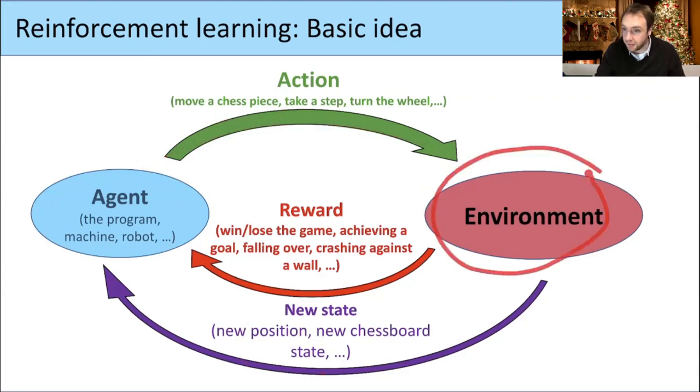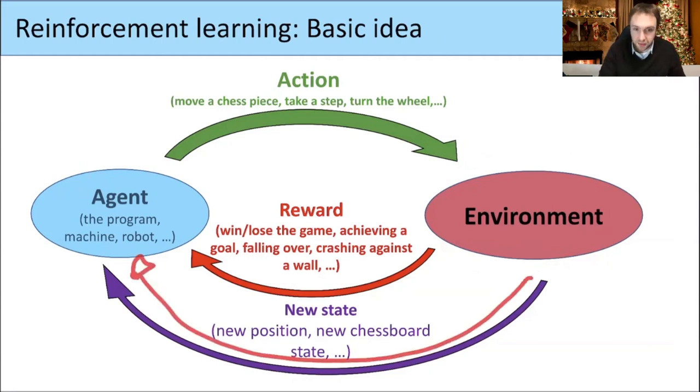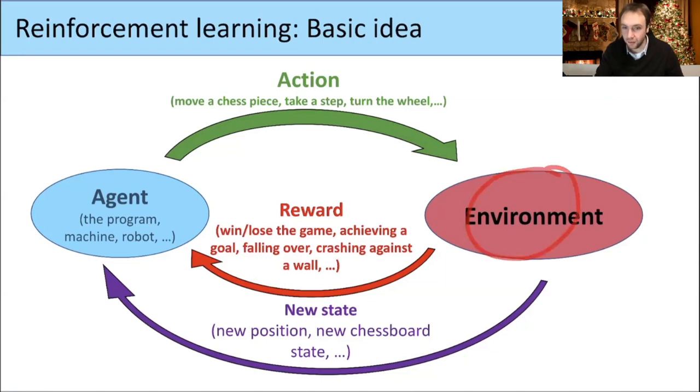The environment is the other chess player, who will receive your move, react to it, and give back a new state, meaning a new chessboard where he also put a piece. At this point, while playing, you don't get a reward, but at some point you maybe make the final winning move, and then you get a reward by winning. Or the environment, meaning the opponent, makes the final move, and then you get a negative reward by losing the game.